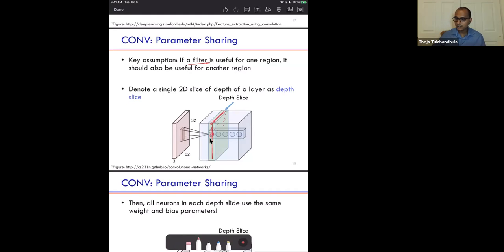And remember, each neuron is looking at a particular region. So let's say those filter weights were useful for some region, let's say to detect an edge. The same filter weights can be used to detect an edge all over the image. Which means that if a filter is useful for one region, it's useful for other regions. And that intuition makes most sense for images. So that's why we are sharing the filter weights across all the neurons in the output tensor.